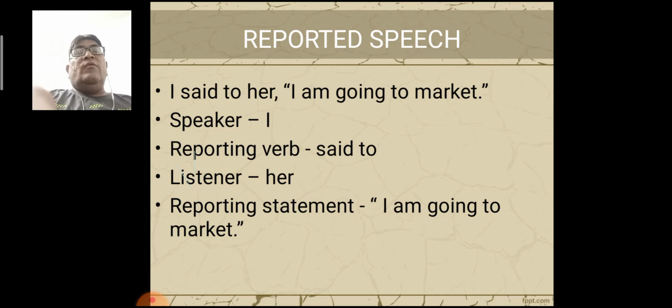Now let's see what is the difference between direct speech and indirect speech. Now you see the first statement which is printed here: I said to her, "I am going to market." So to identify the statement is in direct speech, double inverted comma is used.